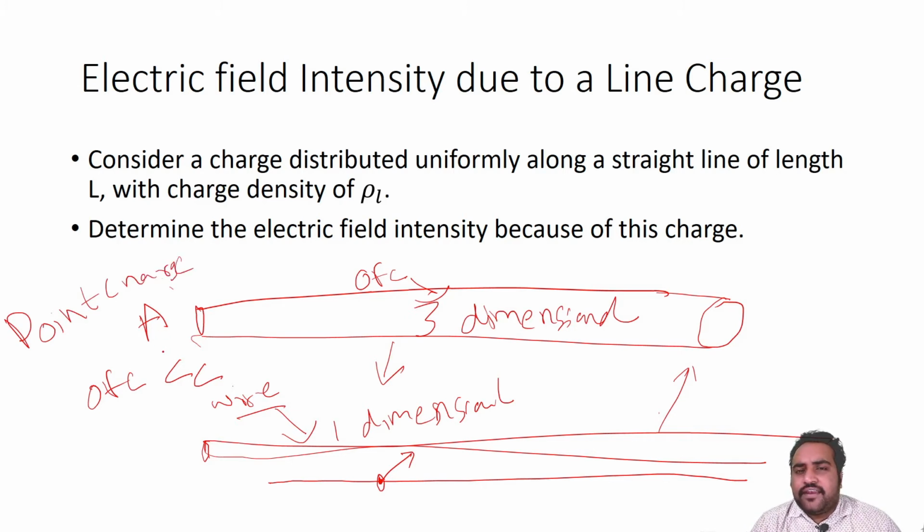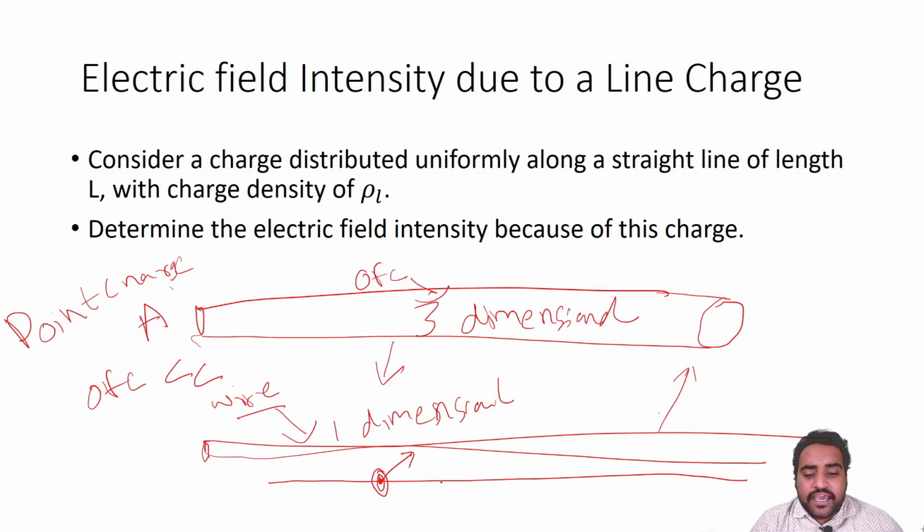Why am I discussing the same thing? Because if we have a point charge, we can know the electric field intensity. If we don't have a point charge, we don't have any other means. So what I am doing is limiting my wire to a point. That is, I am determining the electric field intensity due to a point charge of this one.